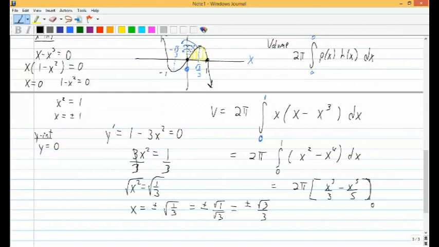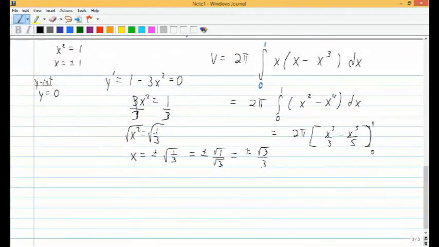And that's from 0 to 1. Alright, so that's 2 pi times, plug in the 1, that'll be 1/3 minus 1/5, minus, plug in the 0. When I plug in the 0, I'd have 0 minus 0, or 0.